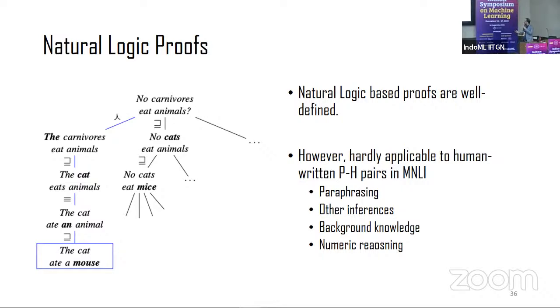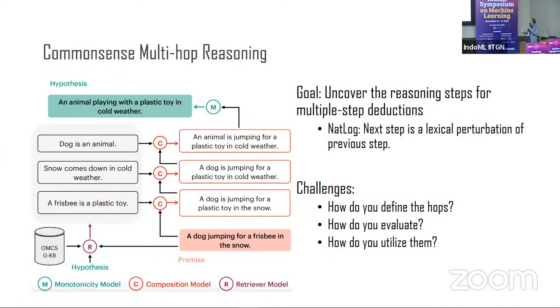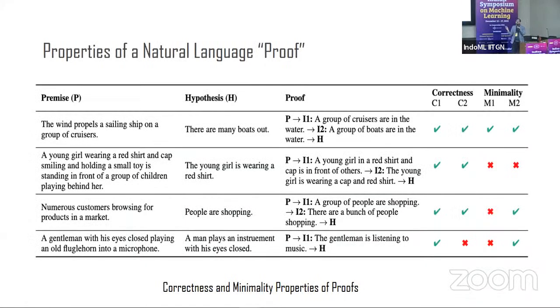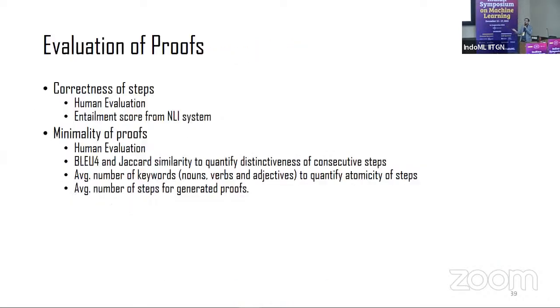So what we did is come up with a certain set of properties. How do you define the steps? How do you evaluate and utilize them? We defined some correctness and minimality properties, which are overall properties that bound the type of proofs natural language has. Using these properties, we followed with human evaluation and automated evaluation.